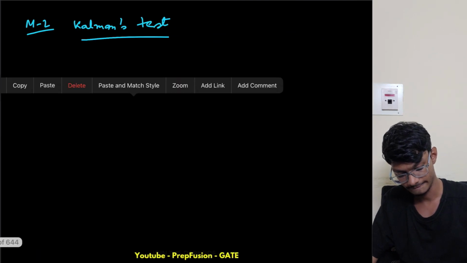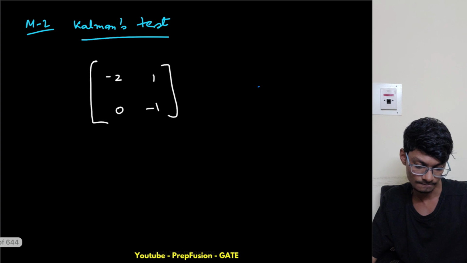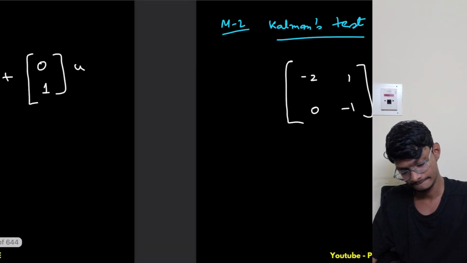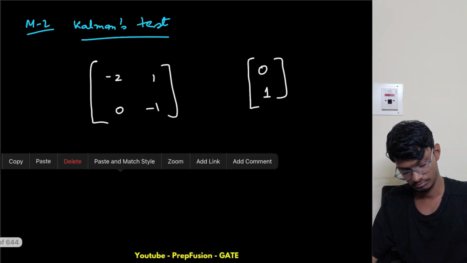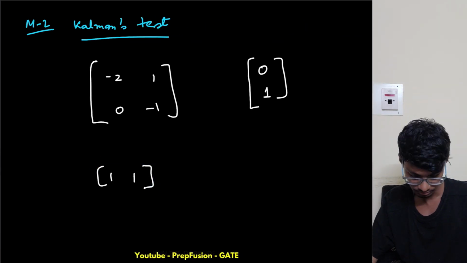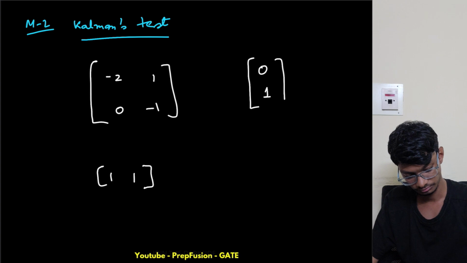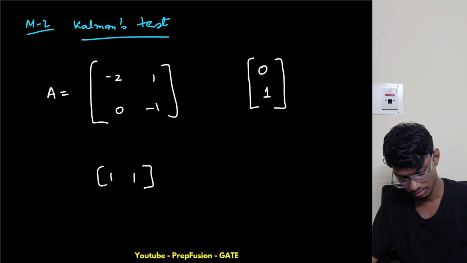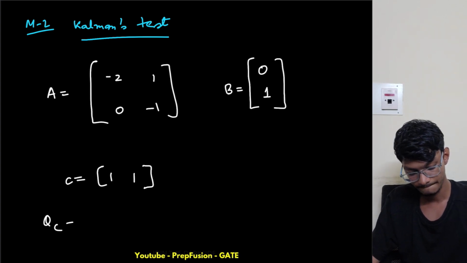This is A, this is B, and this is C. So what was QC?